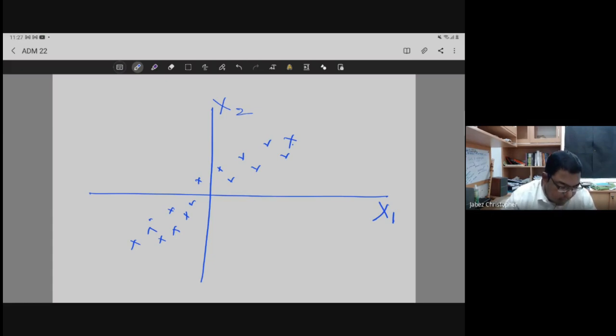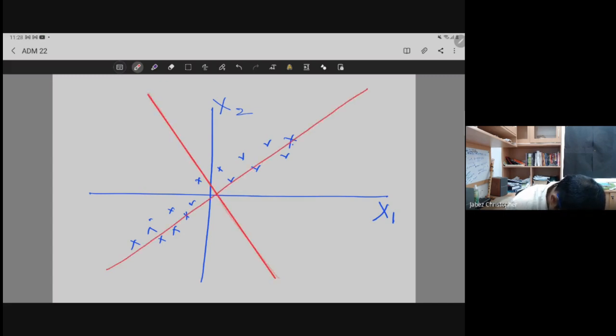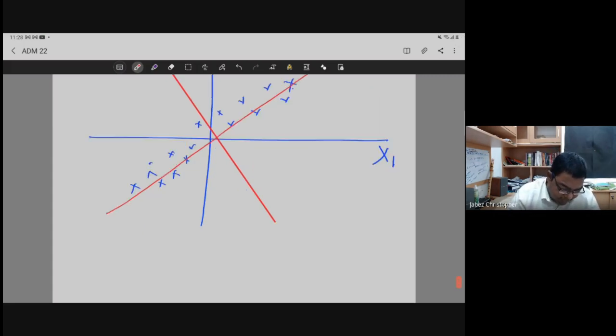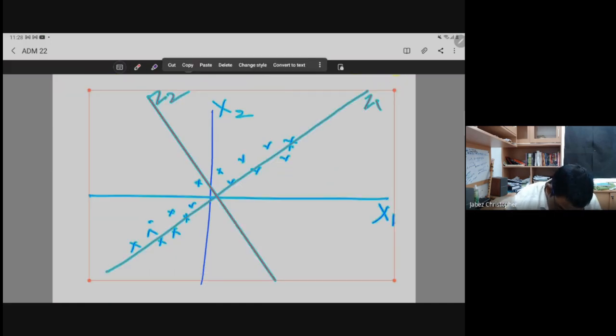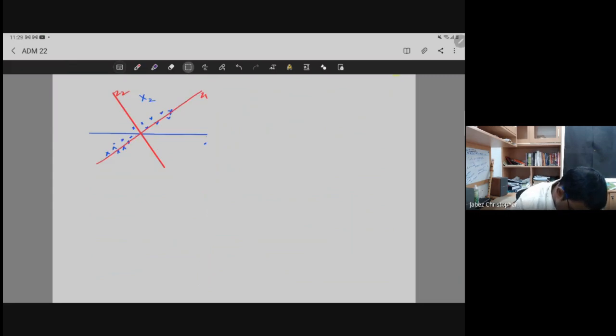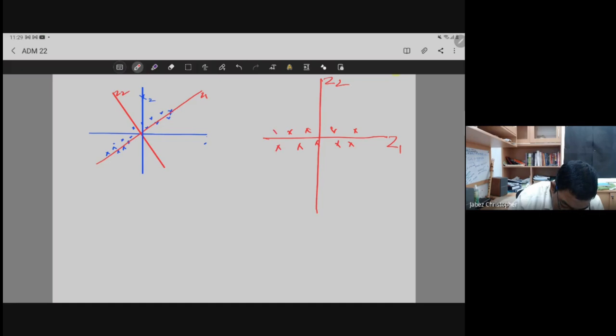So when I have this, I want to transform this to another domain, whereby in the transform domain, the same set of points are going to look like this. Yes, when you tilt it, the same set of points is going to look like this.